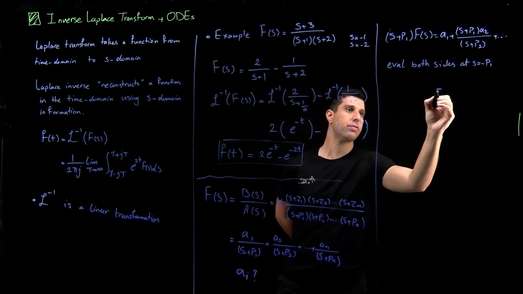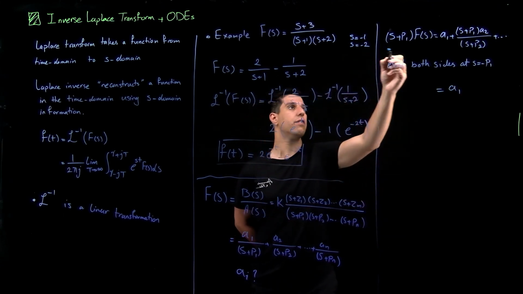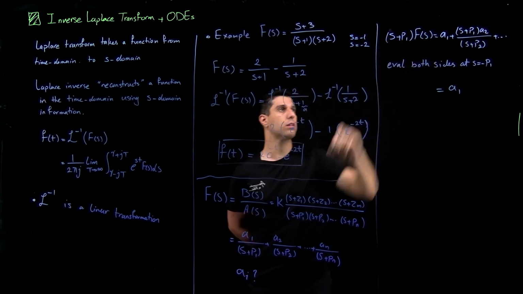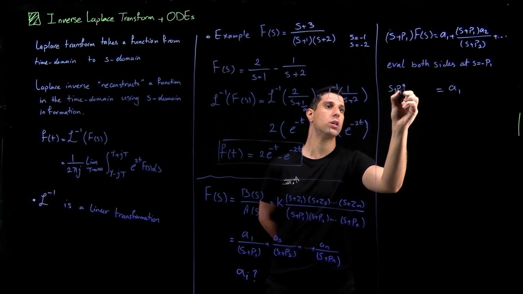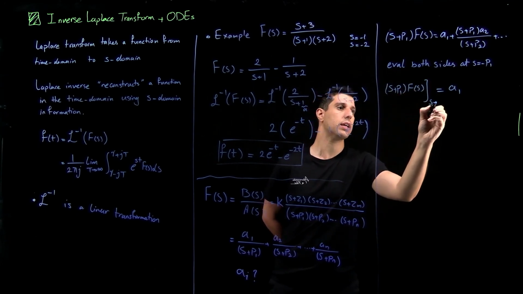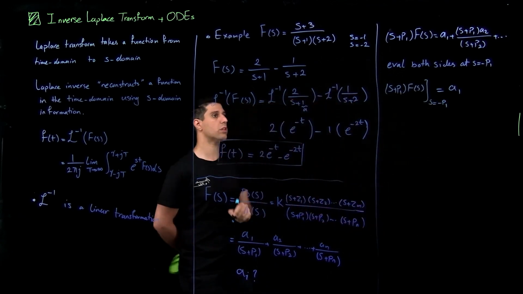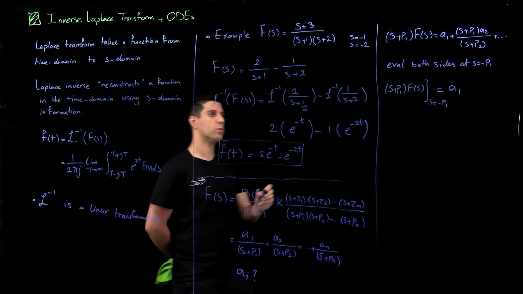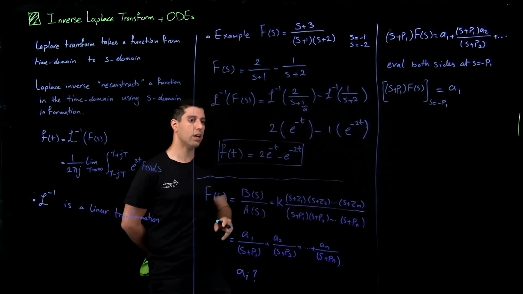So on the right, I only have A1. And if I evaluate this product, s plus p1 F of s evaluated at s equals minus p1, that would give me A1. We can do the same thing for all different Ai's.